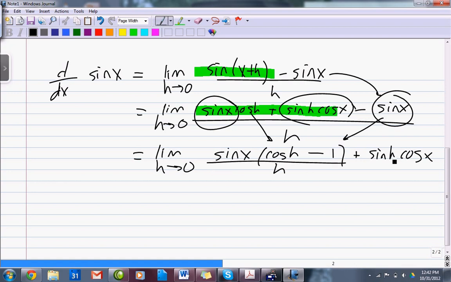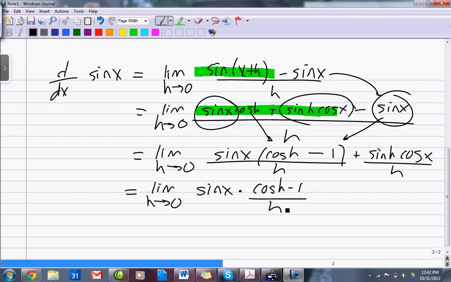So one way to write all over h is to split them up, putting each over h. The reason that we factor that sine of x out is because now I can rewrite each particular limit in a helpful way. This limit is sine of x times what's left, cosine h minus 1 over h.